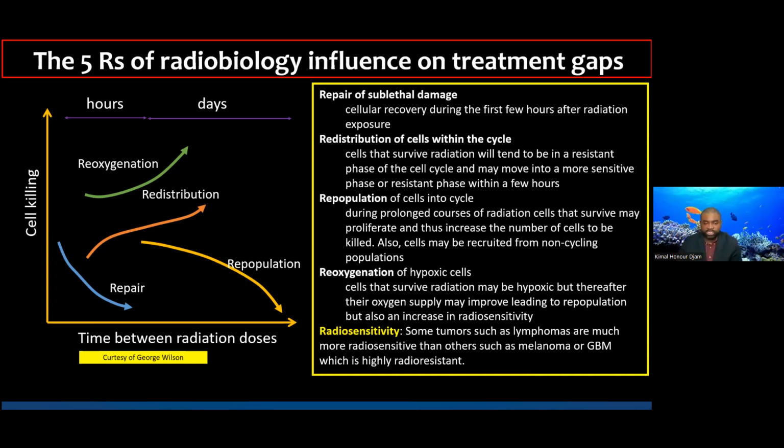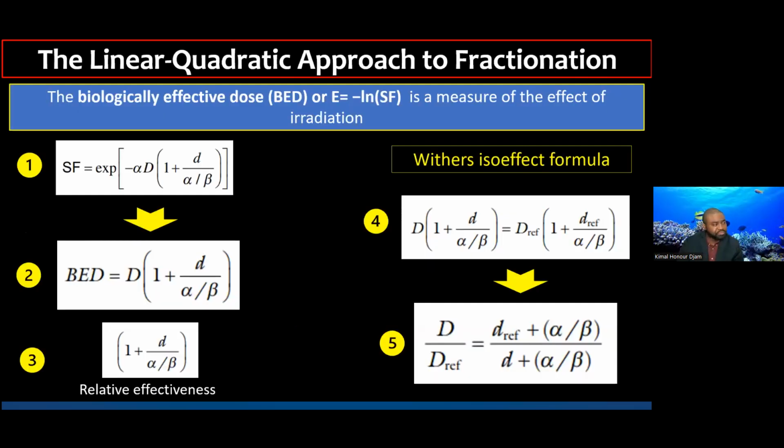The implication is that we need a comprehensive understanding of these interconnected events and their timelines in order to optimize our treatment regimens for a particular patient in the course of radiation therapy.